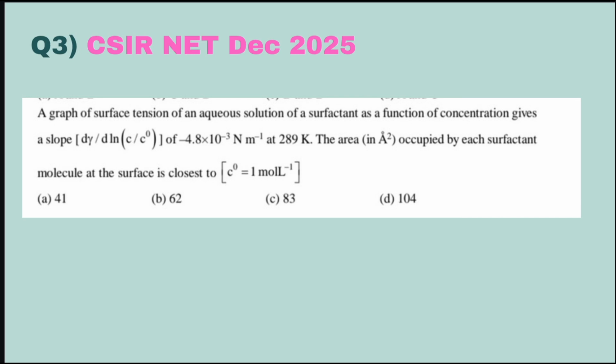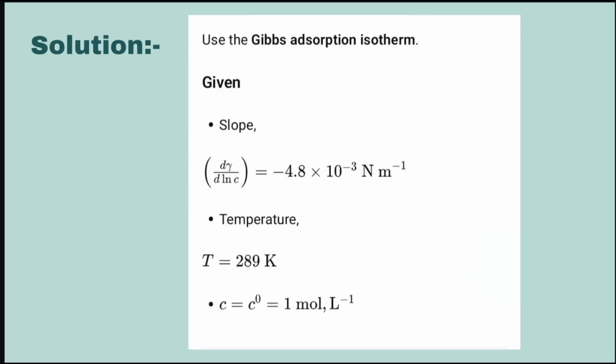The area in Angstrom square occupied by each surfactant molecule at the surface is closest to, given C0 is equal to 1 mole per liter, and the options are 41, 62, 83 and 104. Now we'll see the solution.